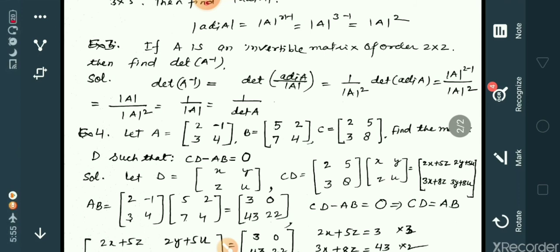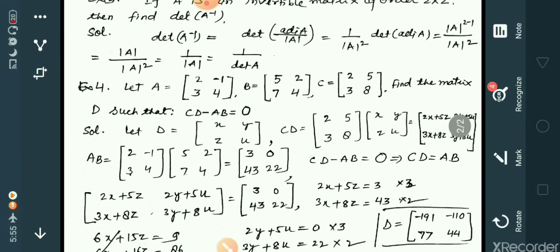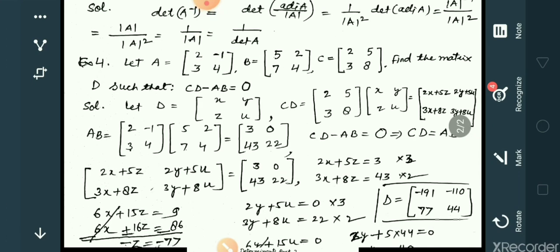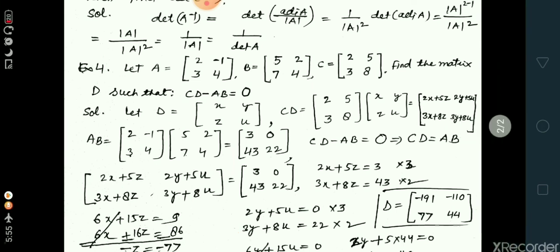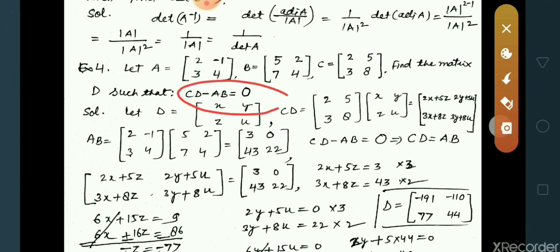So this is a very important question for 1 mark. Now move to question number 4. In question number 4, A is equal to so and so matrix, B is equal to so and so, and C is equal to so and so. Find the matrix D which satisfies the condition CD minus AB is equal to the null matrix.